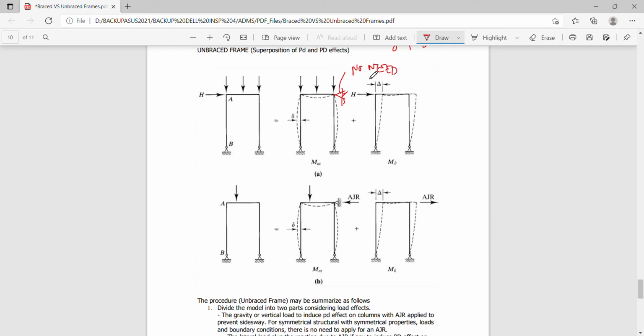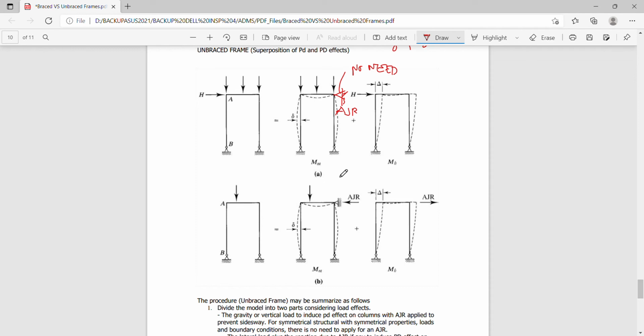But if this is unsymmetrically loaded or unsymmetrically framed, then you need an artificial joint restraint to make it a braced frame, and then apply H alone without the vertical load to make it an unbraced frame.